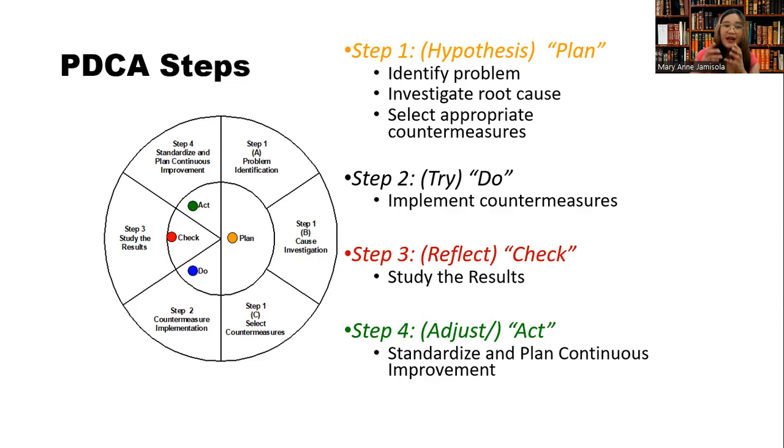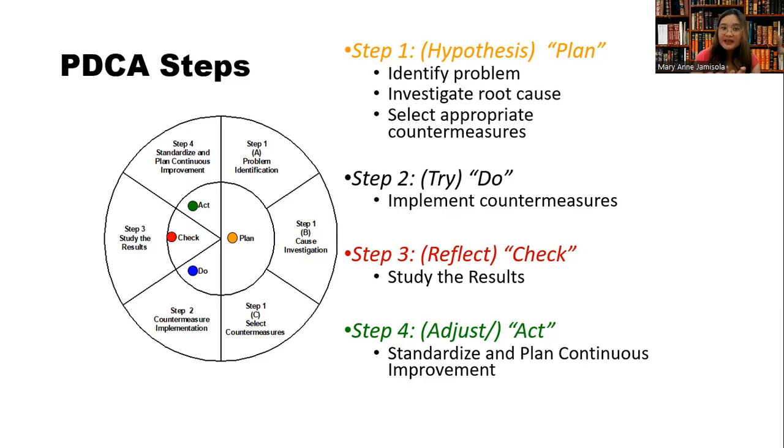And then after you have identified that there is this problem, we move on to the next sub-step, which is step 1B, and that is cause investigation. For cause investigation, we will investigate what is the root cause of such problem. Why does this problem exist? What is the cause behind this? Right. And then move on to the next sub-step, which is step 1C, and that is to select countermeasures and make sure that the countermeasures are appropriate.